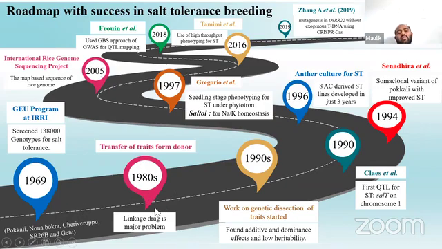But day by day, linkage drag increases, so how to develop salt tolerant varieties using novel tools and techniques? Salt tolerance is a physiological mechanism governed by genes and QTL. Without knowing any genes and QTL, we can't develop or introduce this gene into our cultivar.